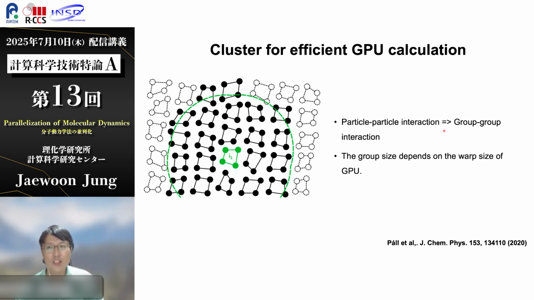In each group interaction, the number of particle interactions becomes 32 for NVIDIA GPU, and 64 for AMD GPU. By making this kind of group size, using just a single instruction, they can very efficiently make use of the GPU, and they can obtain good performance results.